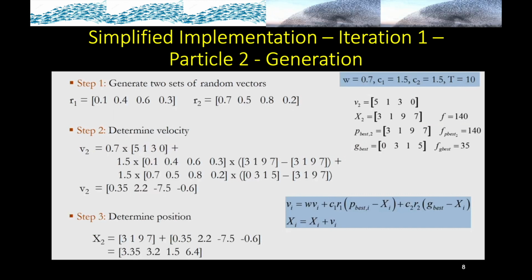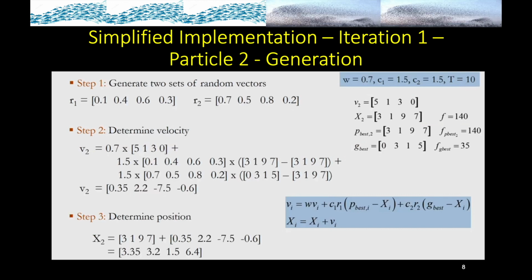We have the personal best history of particle 2, which is 3197 itself, which is again 140 fitness. And finally we have the global best value of 0315, which has the global best fitness value of 35.